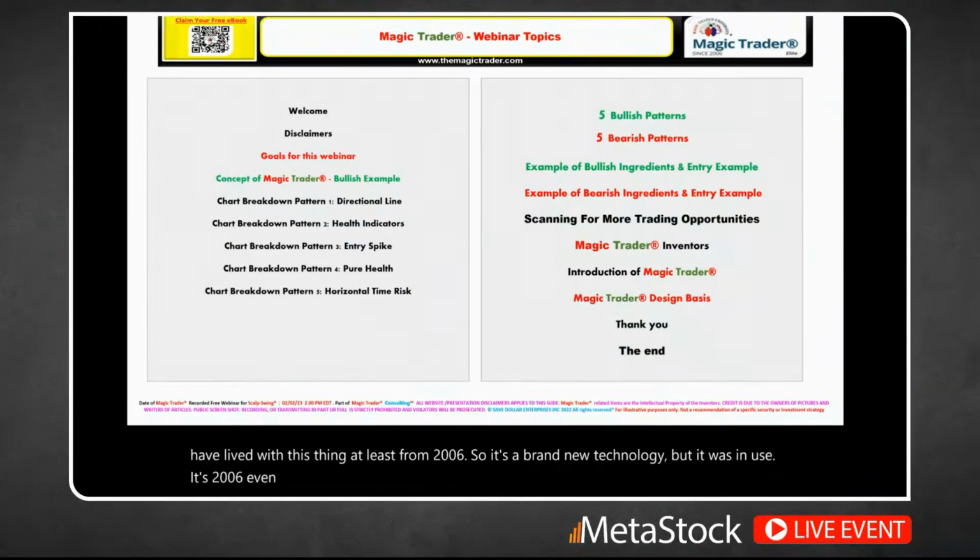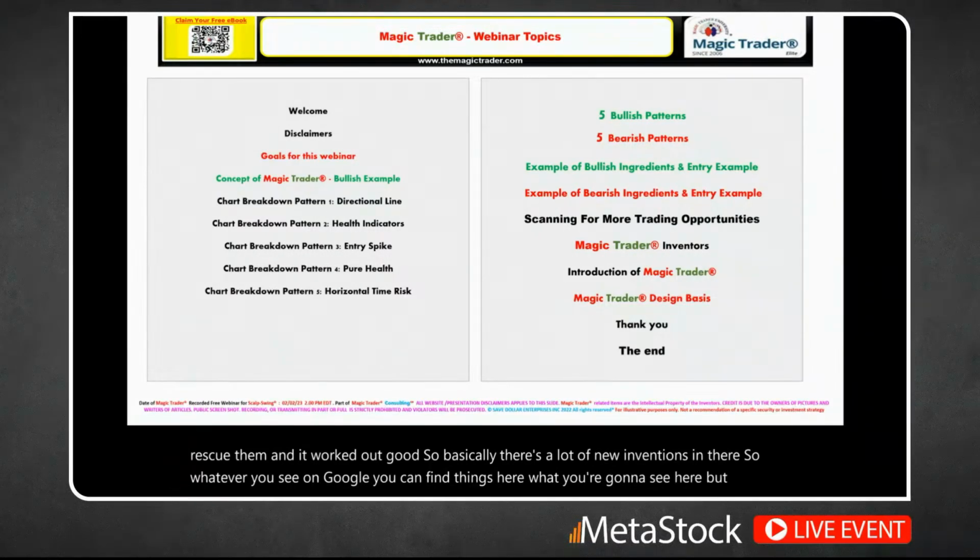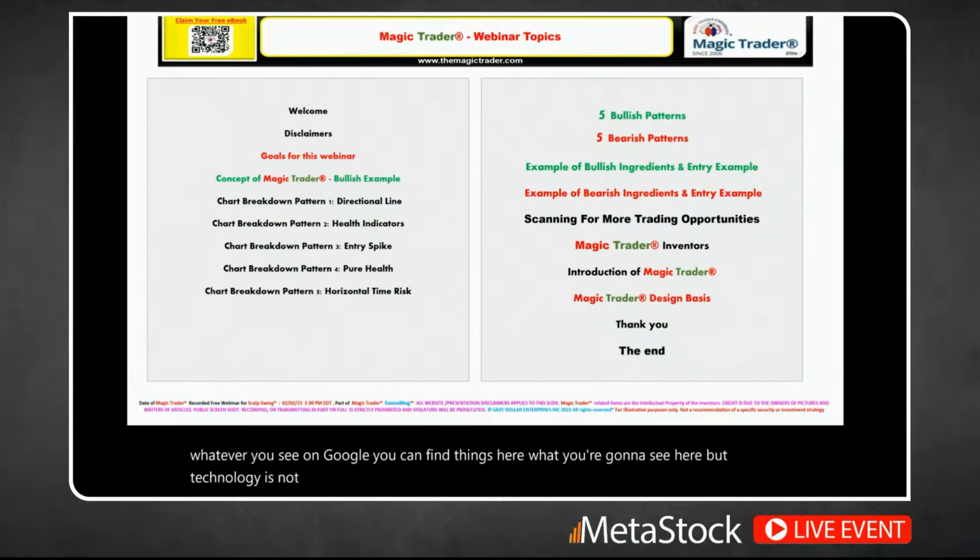But that's the first time I applied that technology to an institution to rescue them, and it worked out good. So basically, there's a lot of new inventions in there. So whatever you see on Google, you can't find things like what you're going to see here. But the technology is not old. I mean, it's not new. It has been in practical use for a long, long time.